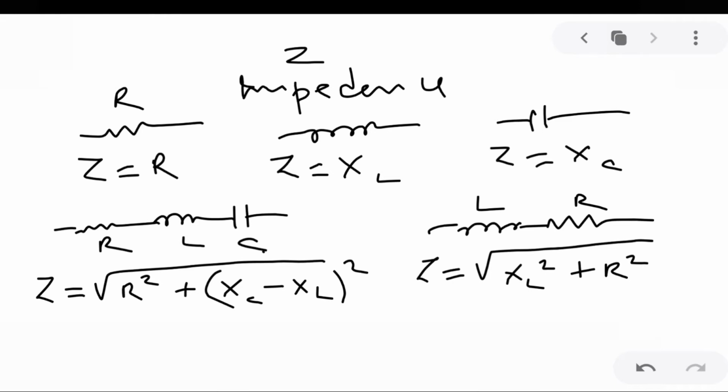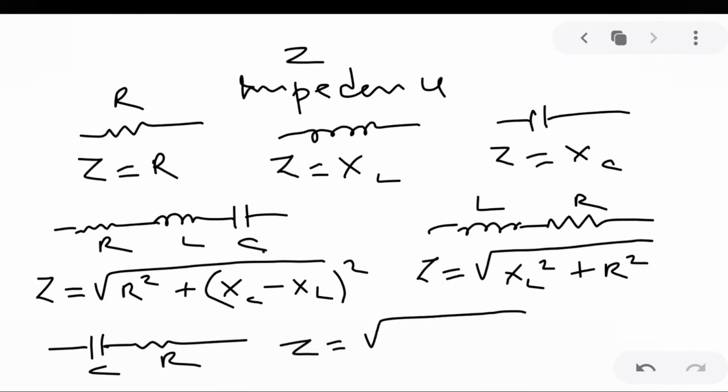Similarly, if we have a capacitor with a resistor, with resistor R and capacitor C, the impedance will be the square root of XC square plus R square. So this is impedance.